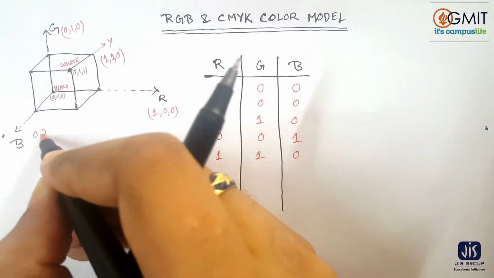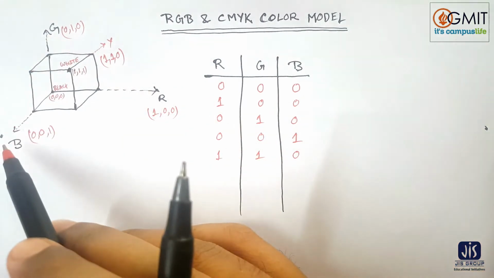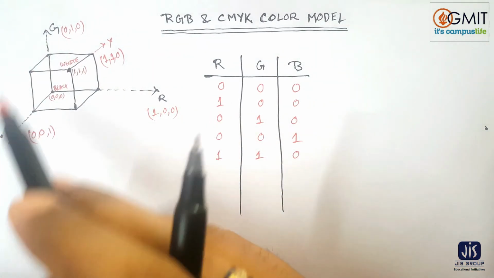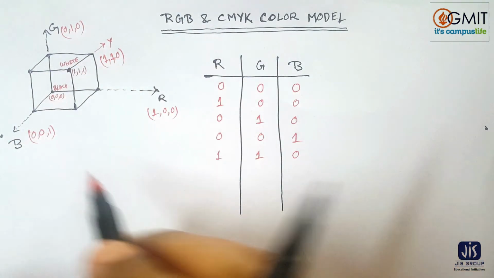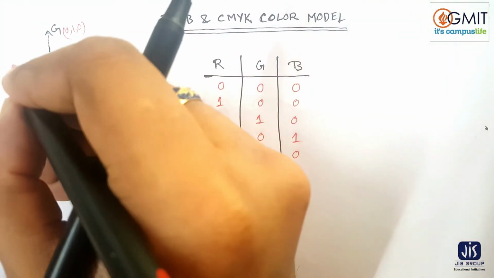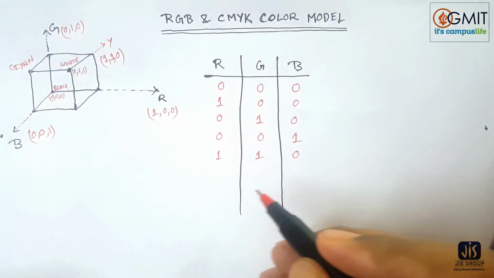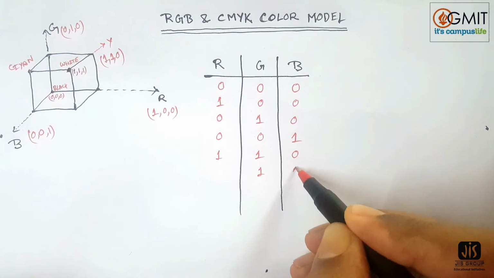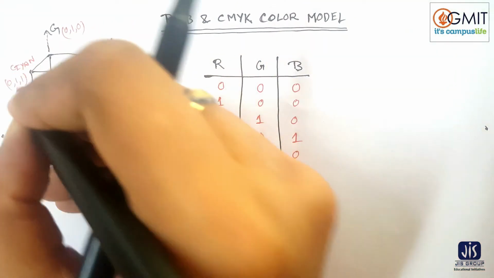Now similarly green and blue. From green and blue we get this point, and this is called cyan. Green and blue must be 1. So the coordinate is 0, 1, 1.